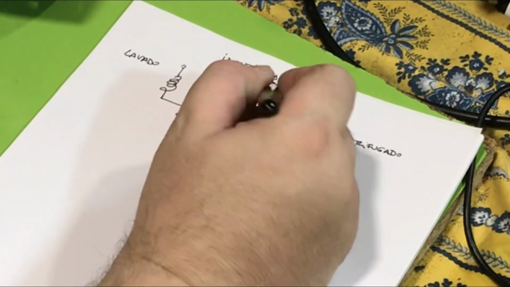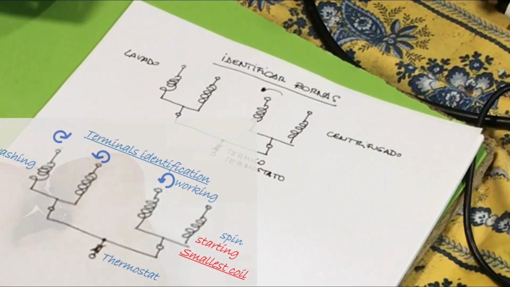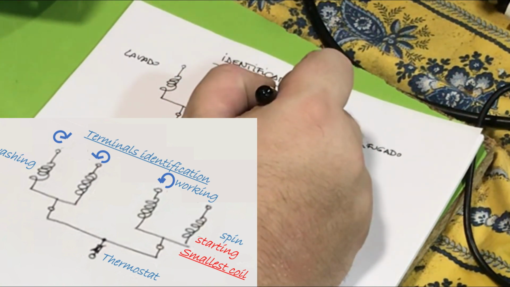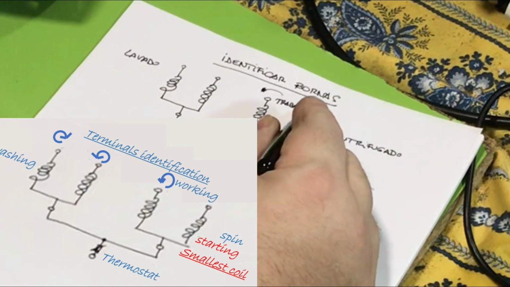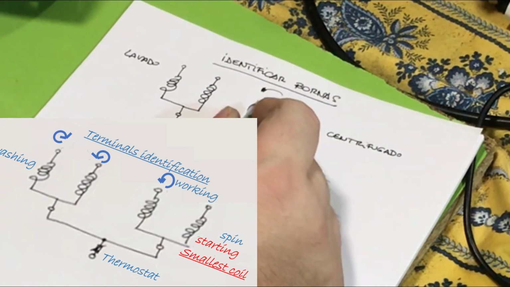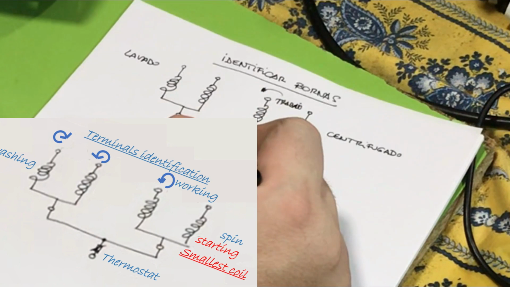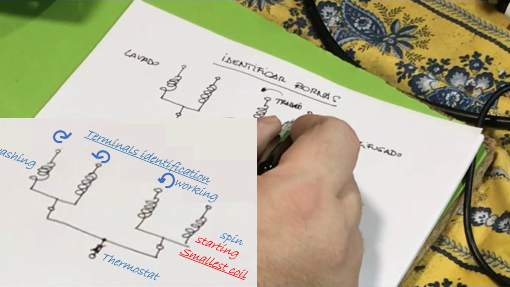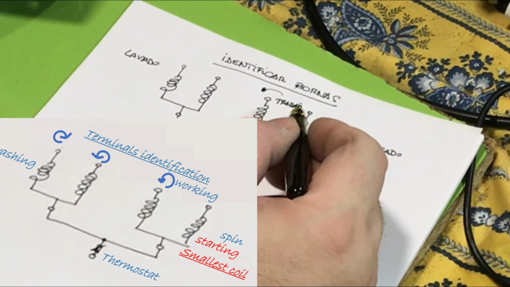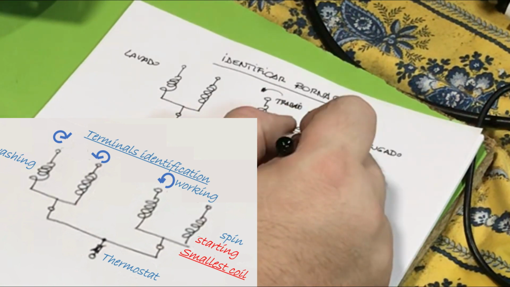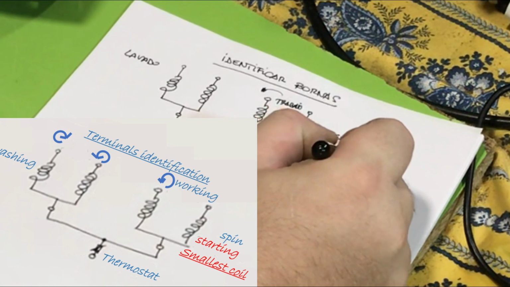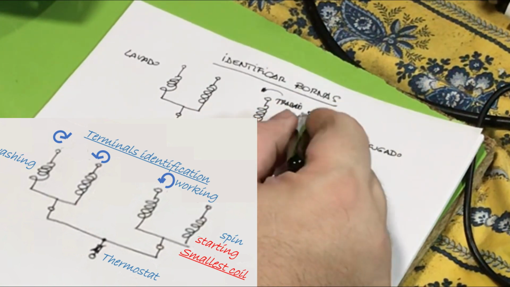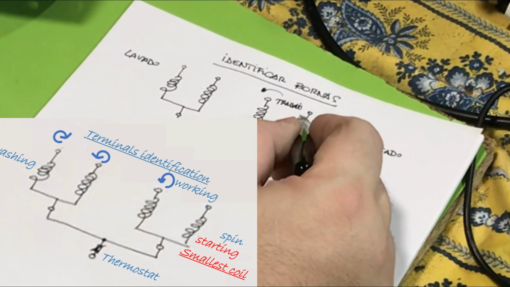One is devoted just for running in one direction, in this case counterclockwise, and the other winding is just for starting. There is no improvement of torque during the working period, but the small coil helps to start the motor.